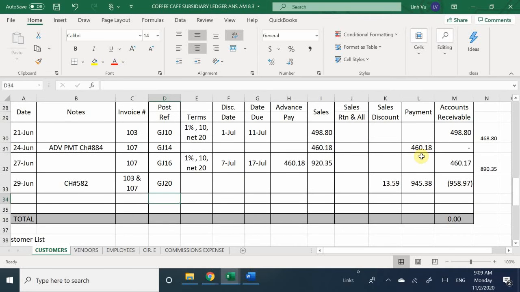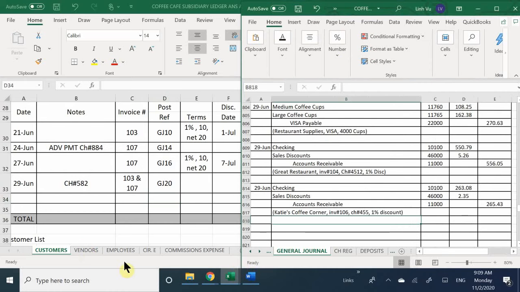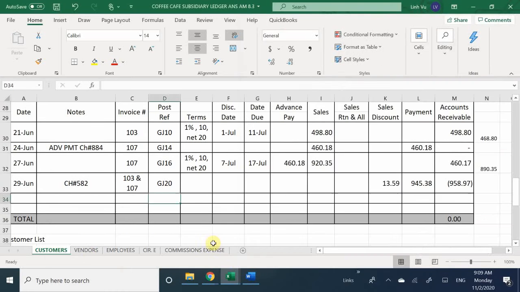Okay, so how am I going to journalize it this time? Question, before we get out from that screen. Oh, sorry. Go ahead. I'm looking at the first one, the 103 invoice. Oh, no, never mind. But the discount from the 107 is based from the 920, right?